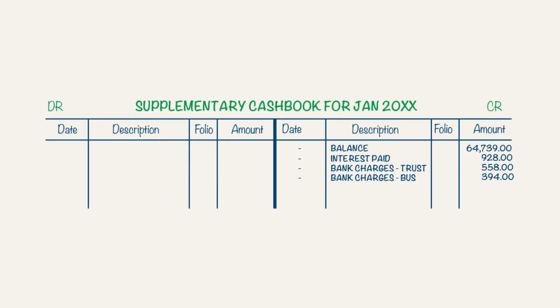And so, to reverse the original transaction, we now do the opposite of the original transaction. We therefore credit the unpaid check in the supplementary cash book. RD means refer to drawer, and this is a term used in finance. It means unpaid, and the check is returned to the drawer or payee as proof thereof.